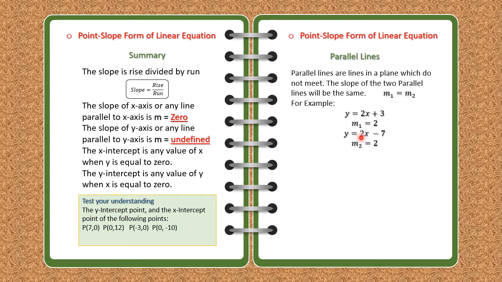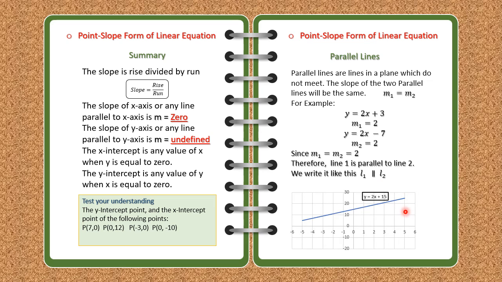Here you can see the same slope, meaning both lines are parallel. Therefore, line 1, y equals 2x plus 3, is parallel to line 2, y equals 2x minus 7, and we write it this way: L1 parallel to L2.